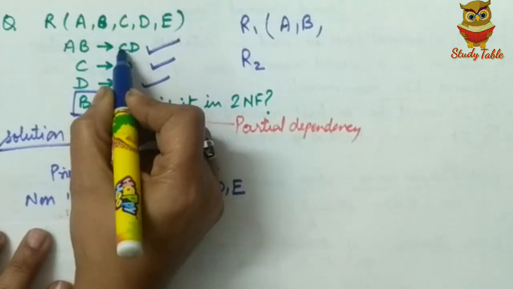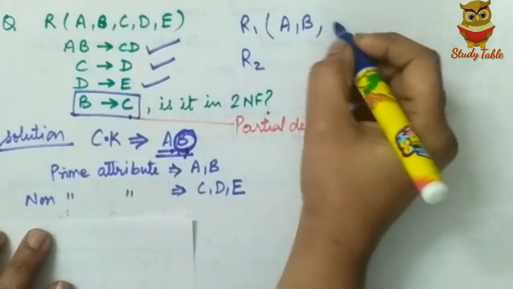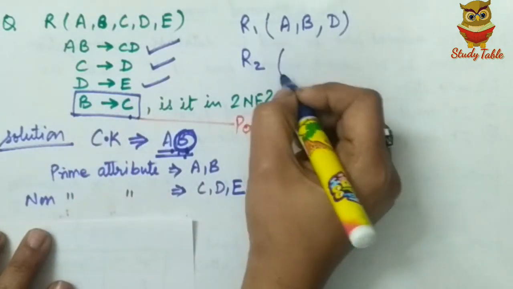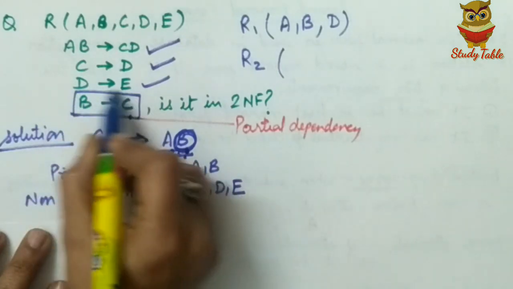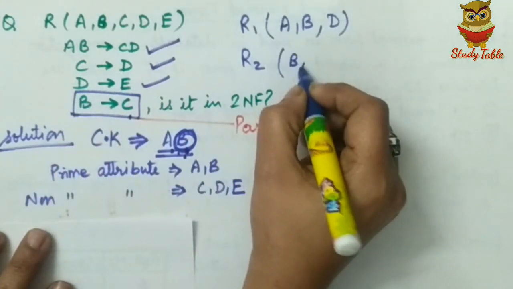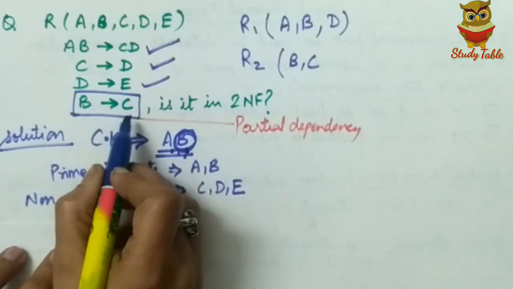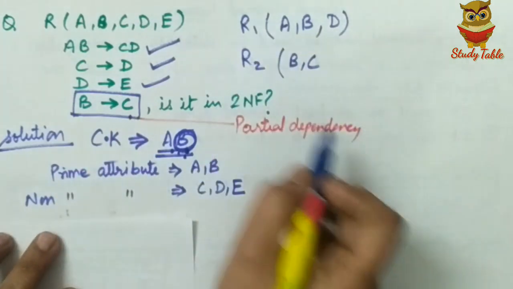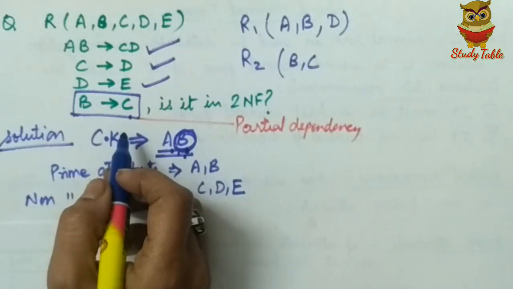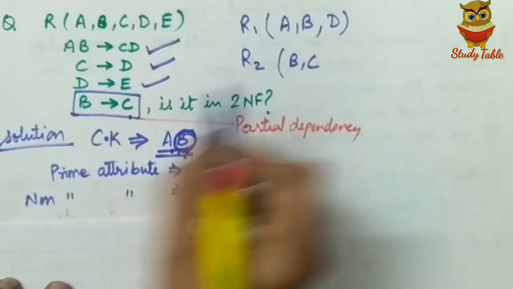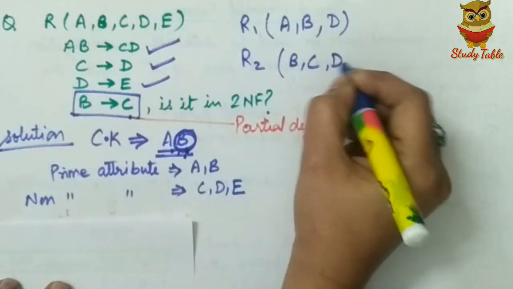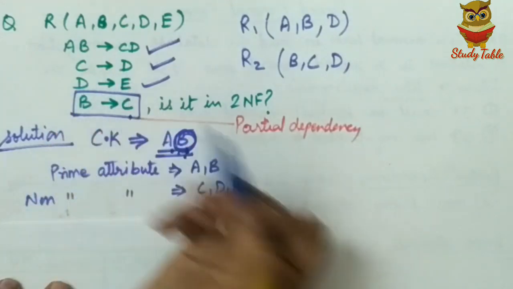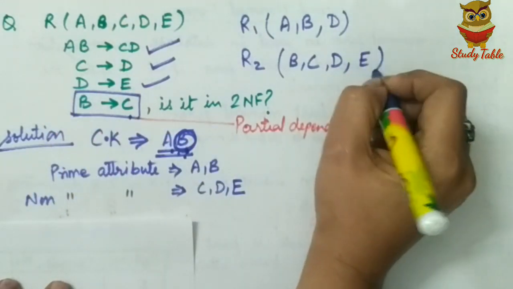So I will not keep C here, I will keep D. So A, B, D. In R2, I will keep this functional dependency attributes, that is B and C, because this is creating problem. So we separated these attributes. So B, C. From C, I can determine D, and from D, I can determine E.